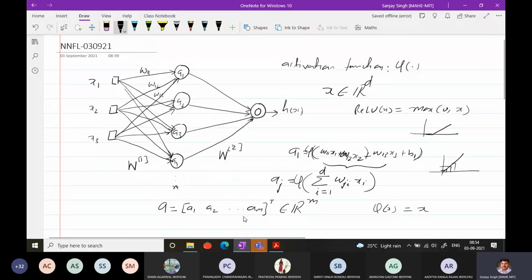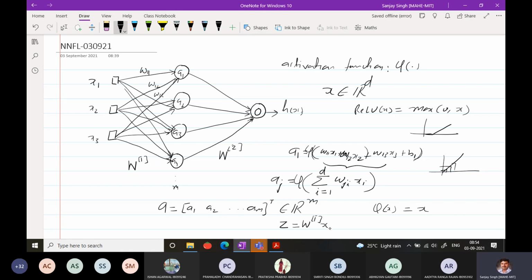If you see this diagram, here A is nothing but the output of the activation function corresponding to this particular layer. But before that, something will go inside, isn't it? And that is the activation potential. So if I'm denoting the activation potential as Z, do you mind if I'm writing it as the vector W1 X?